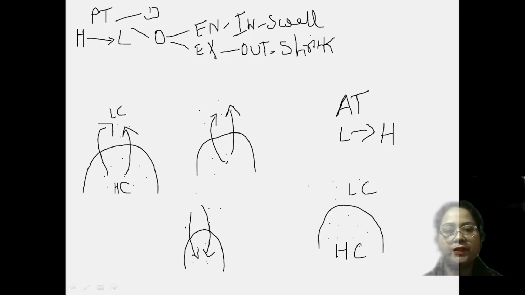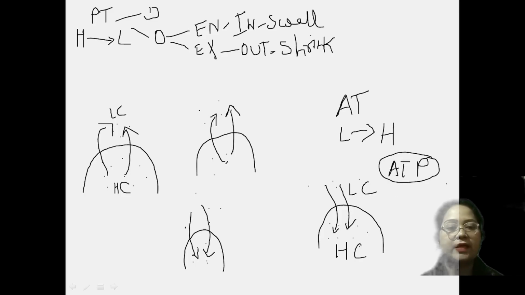Molecules will move from the region of lower concentration to higher concentration. That means the molecules will move inside the cell, but what is required here is energy in the form of ATP, and where is ATP produced? In the mitochondria of the cell. ATP means adenosine triphosphate. Okay, then let's move to the next slide.